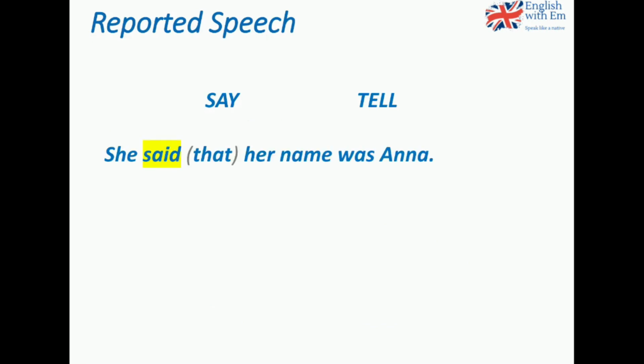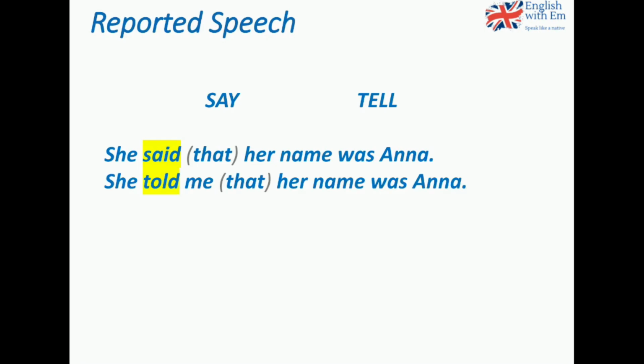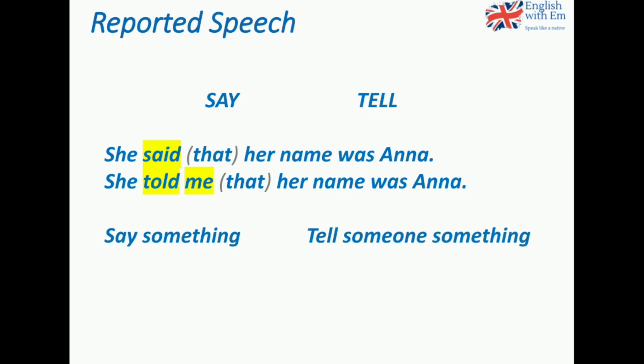She said her name was Anna. She told me her name was Anna. Notice that with tell, we use the object pronoun. We tell someone. So we say something and we tell someone something. She said me her name was Anna.